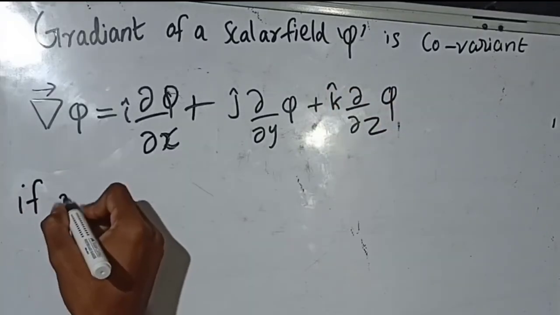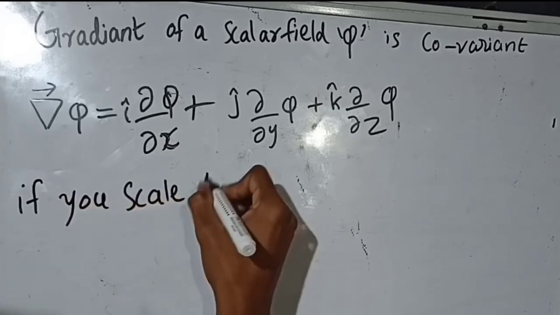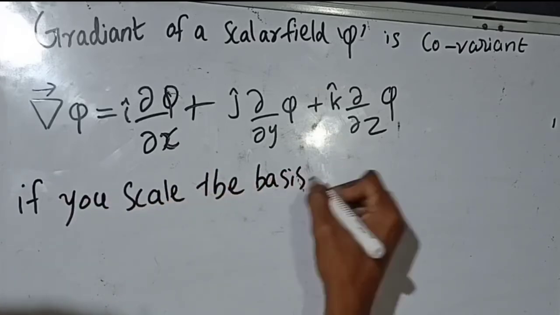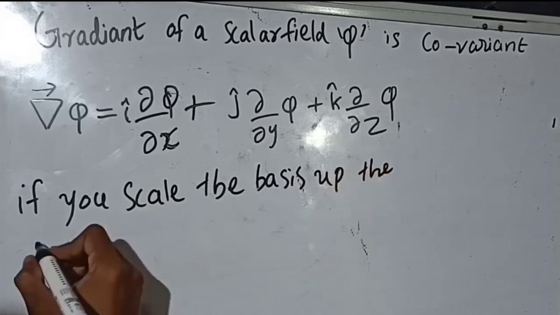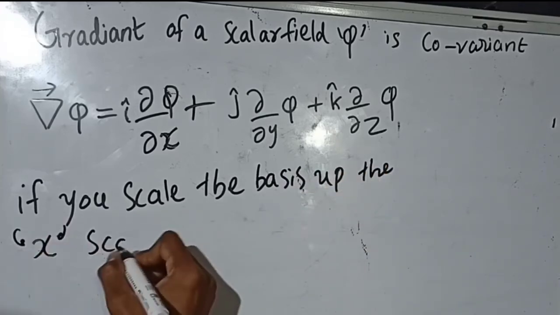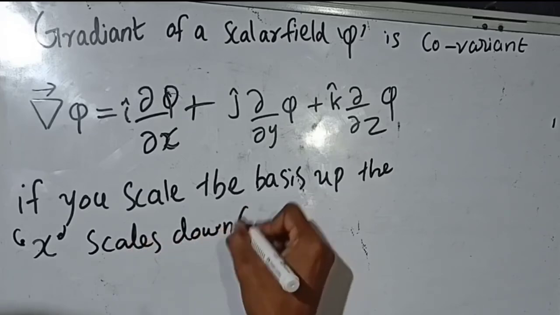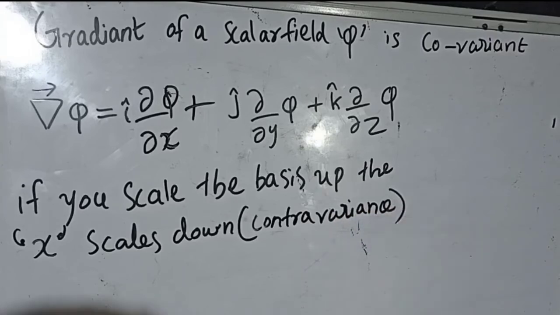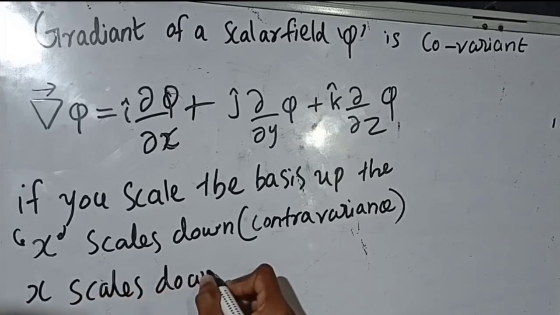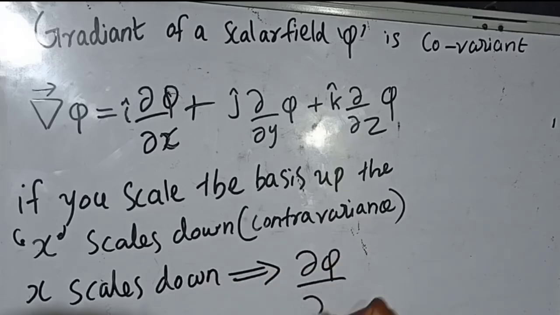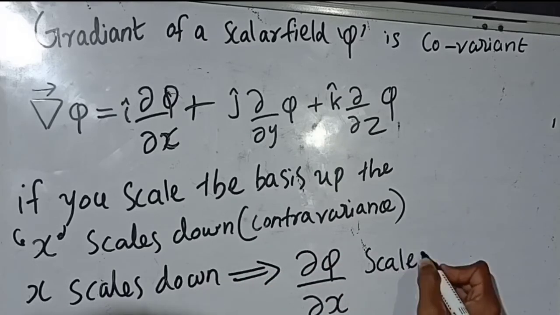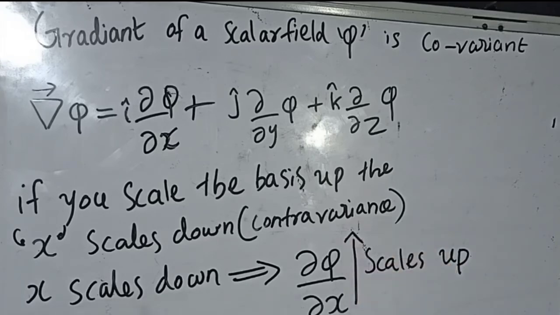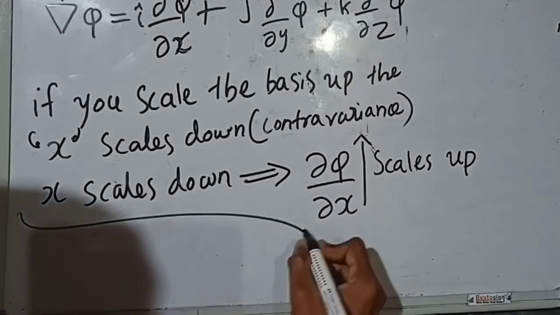And you can see that if you scale the basis up, the x scales down due to the contravariance of the position vector. We already saw it, and if this x scales down, that implies the dou phi by dou x scales up because this x appears in the denominator of dou phi by dou x.